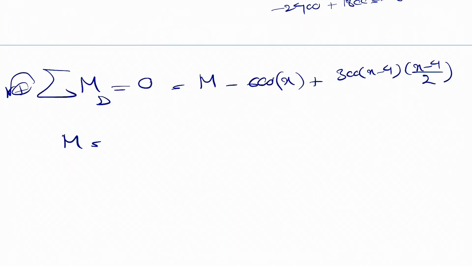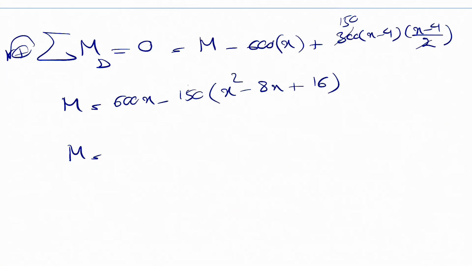So M would be 600x minus 150, if you just cancel these two, times (x minus 4) squared, which is going to be x squared minus 8x plus 16. So for our new function, we have to multiply this by each of these.